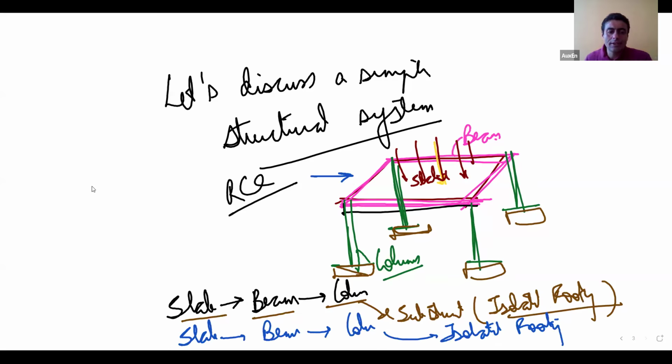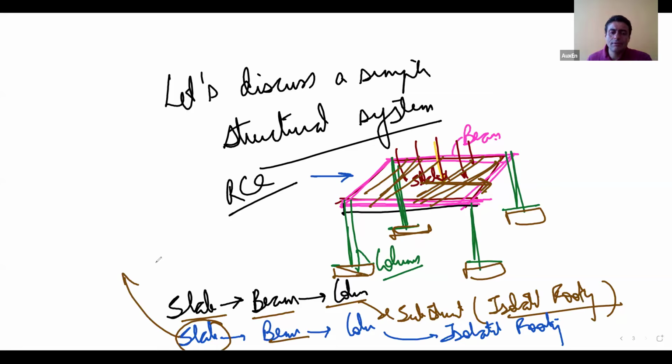Now, generally, let me introduce another term. Generally, when your slabs or horizontal elements have to take lateral loads, because slabs are going to transfer their lateral loads to beams. So when my slabs also have the purpose of taking the lateral loads and transferring them to beams, what do we usually call the slabs in those cases?